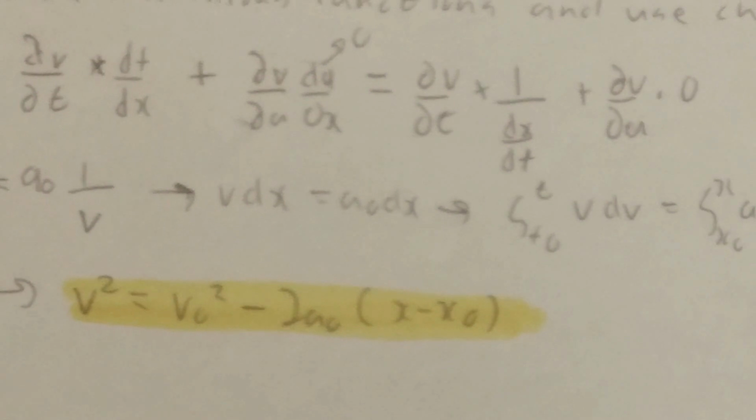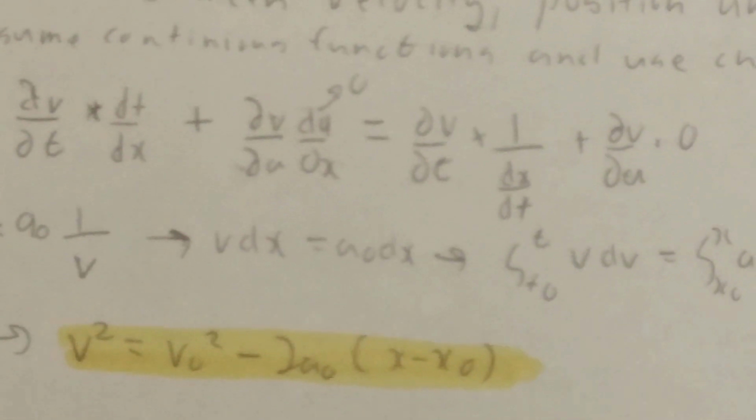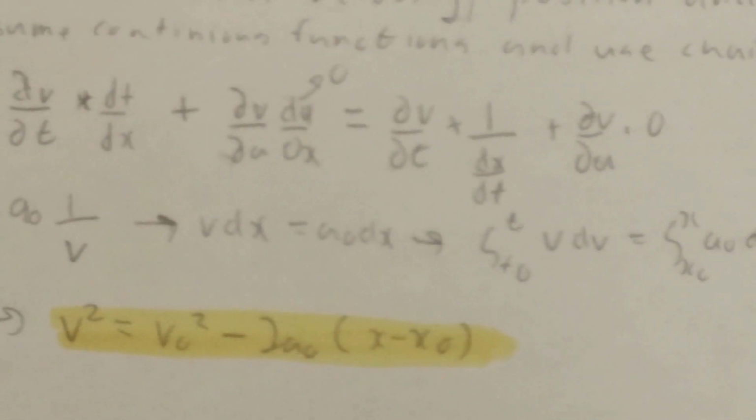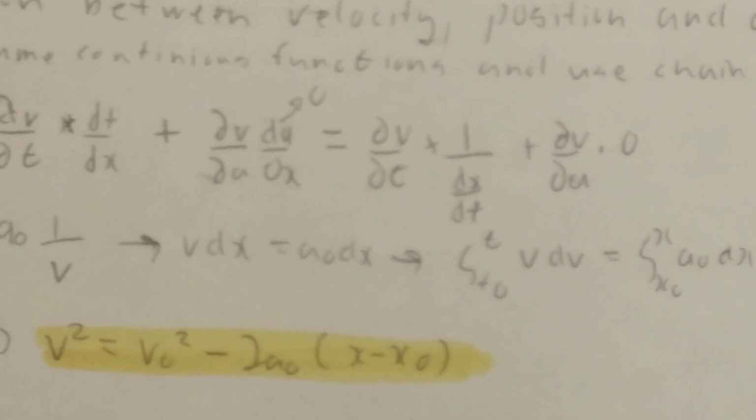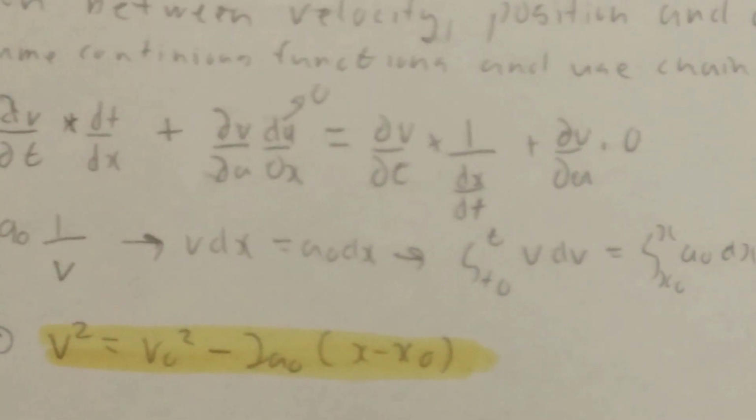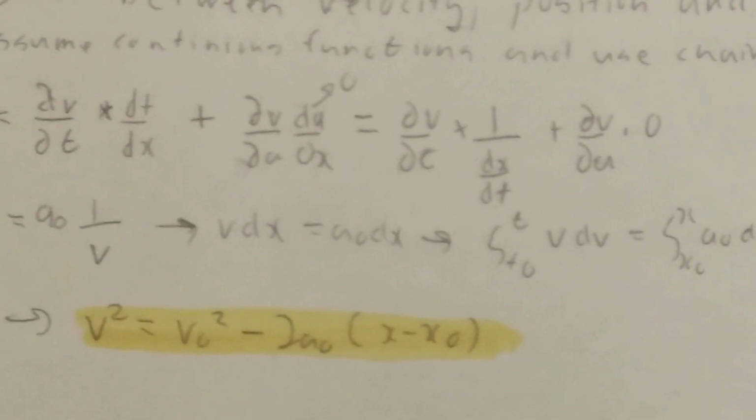So this can be finally rearranged to v squared equals v naught squared plus 2 a naught times the difference between x and x naught.